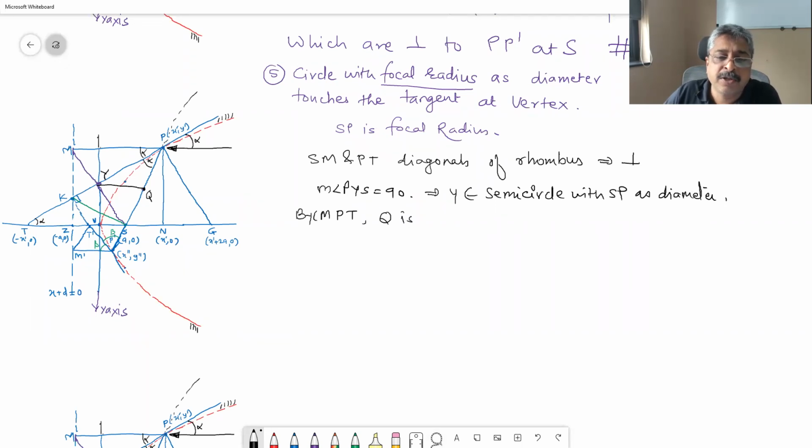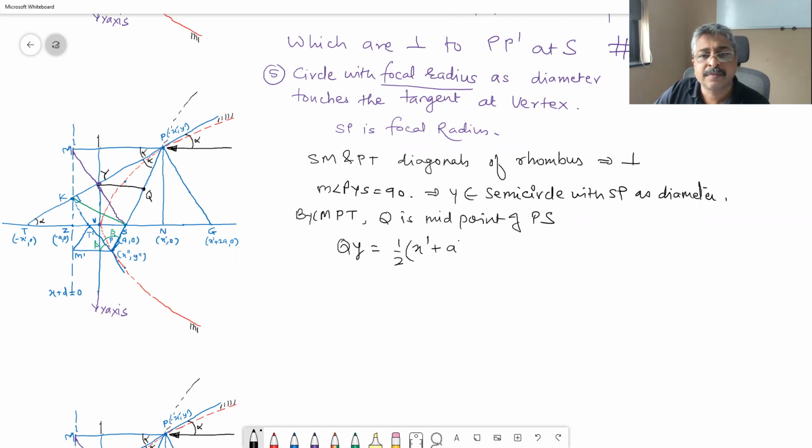So that is done, and QY is equal to half of x' plus a, which is half of PS. QY is half of PS, which implies tangent.